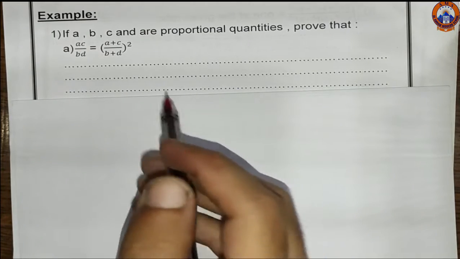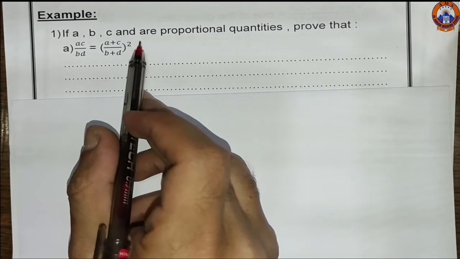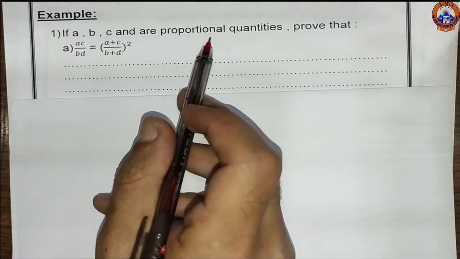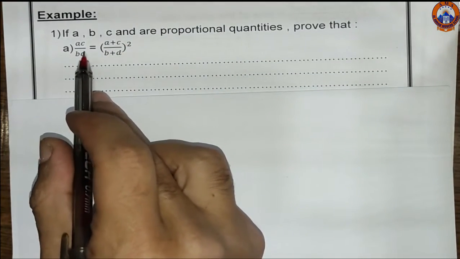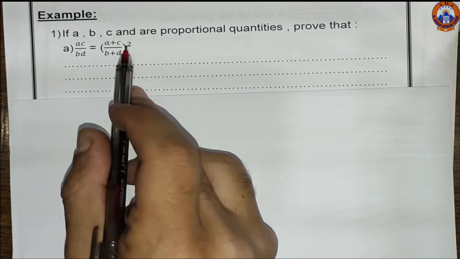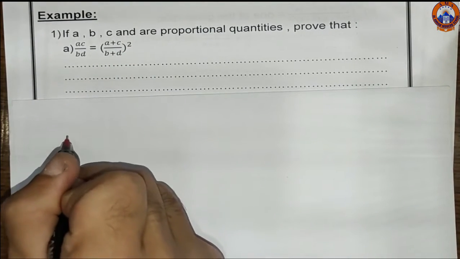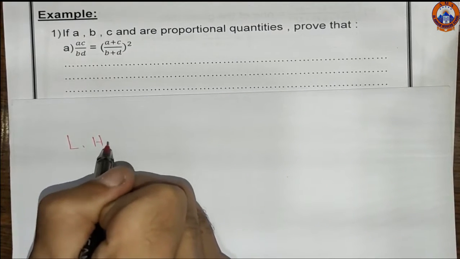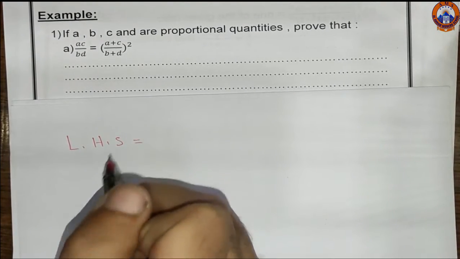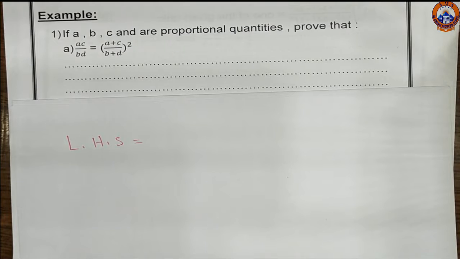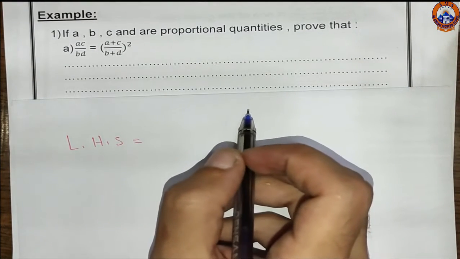Another important question: if A, B, C and D are proportional quantities, prove that AC over BD equals (A plus C over B plus D) squared. So we're going to find the left hand side and the right hand side and see what they are going to be equal to.